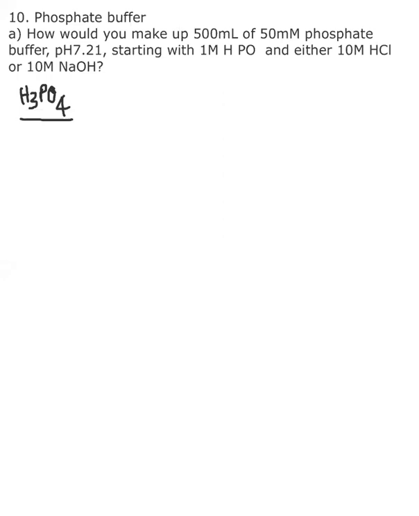To calculate the amount of H3PO4 that you're going to use, we start by looking at the moles of what we want. We want our buffer to be 0.5 liters, and the concentration is 50 millimolar.